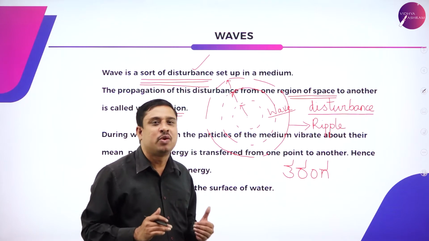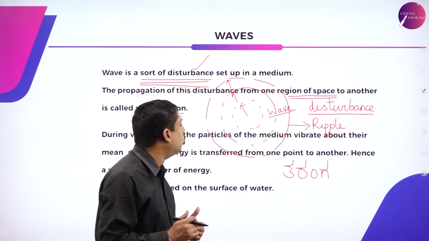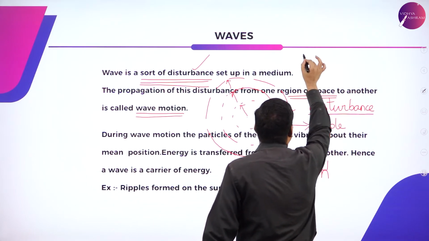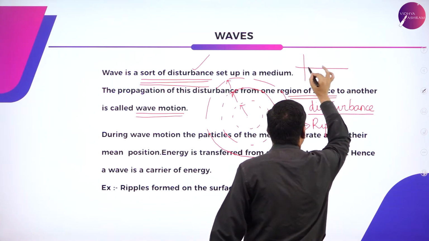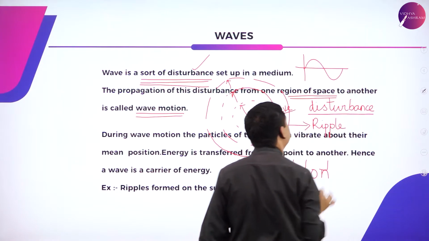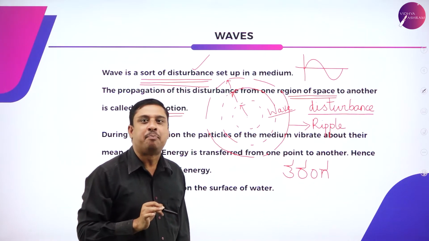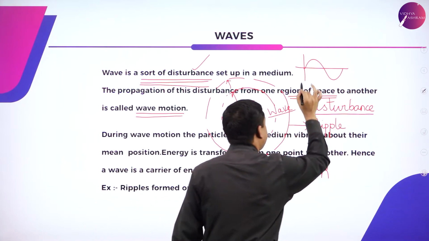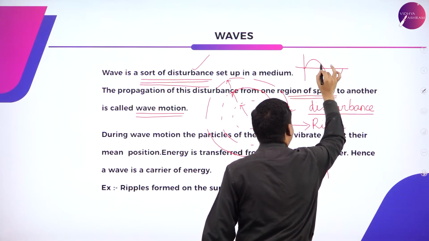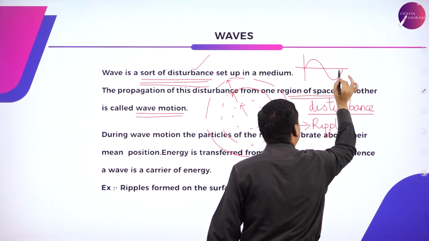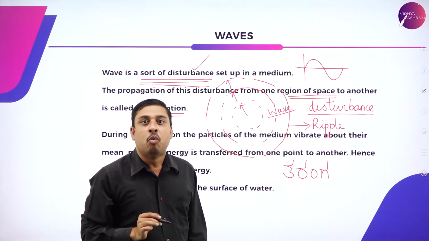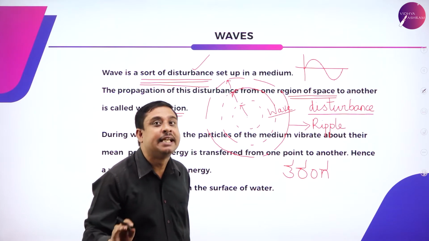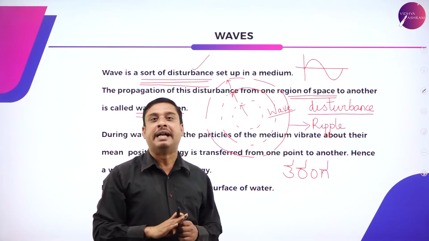Now, what actually happens during wave motion? Generally, this is how we represent a wave. Now, we say there are particles in the wave. What happens during wave motion is very important.